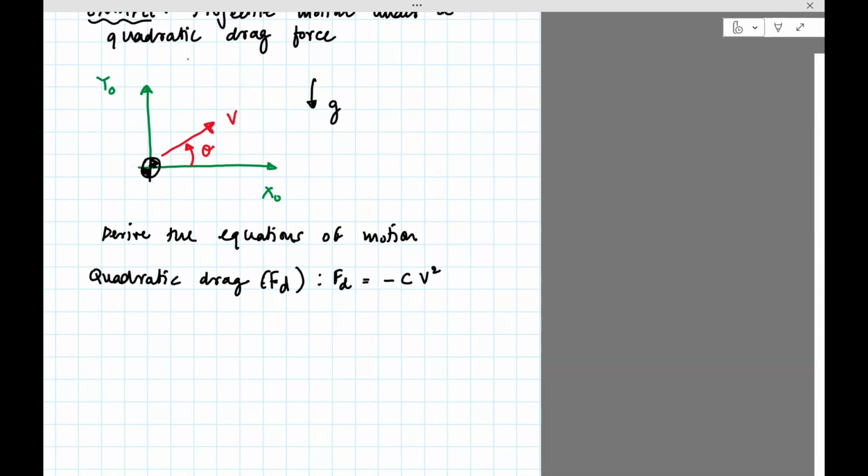But we want to represent drag force for a two-dimensional object, something which is going in two-dimensional space. So F_d has to be a vector, right? So what we do is we multiply it with a unit vector in the velocity direction. The unit vector has the direction of the velocity, but a magnitude of unity, so it doesn't really affect the magnitude. So v squared is the magnitude of the drag force, and v hat is the unit vector.